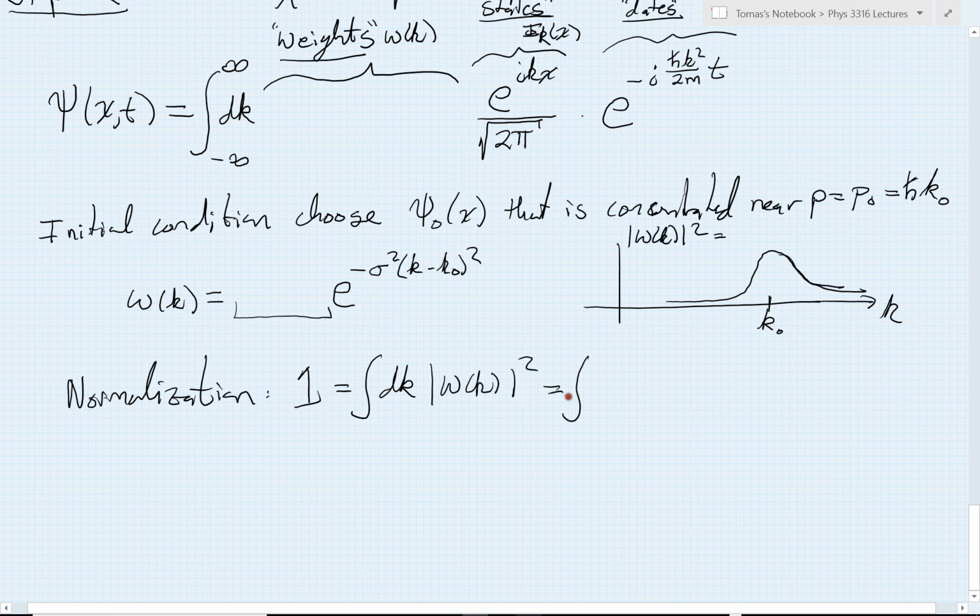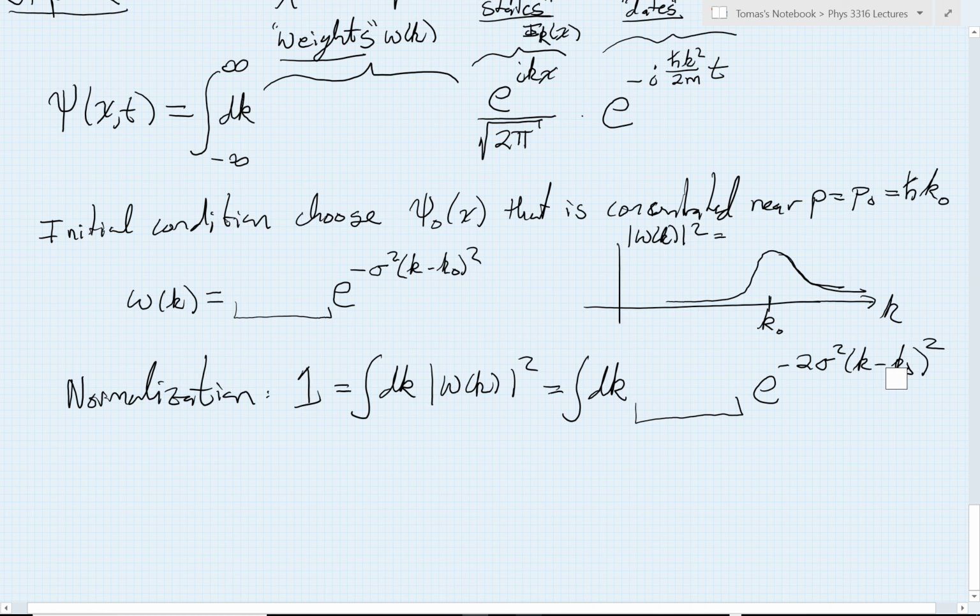In this case, that's the integral dk. I have to square this thing, and again, I'm leaving some space here for the normalization constant. When I square this, I will double the exponent, e to the minus 2 sigma squared times k minus k naught squared.